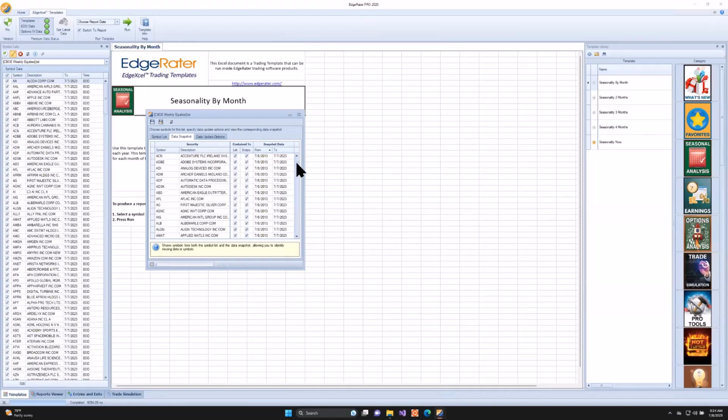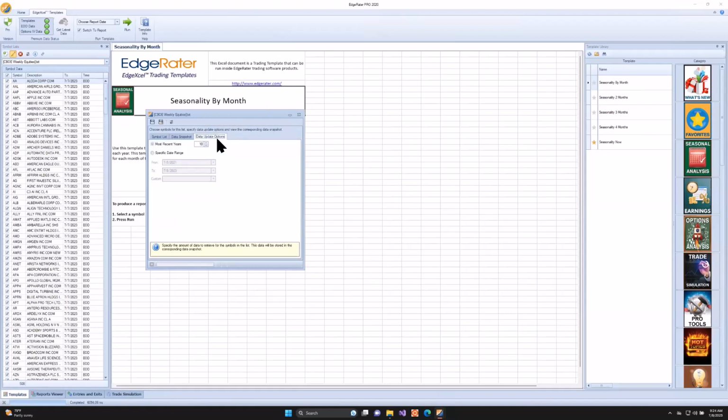Not every stock has 10 years of data, obviously, because some of these stocks are newer and weren't introduced until later. Whatever the earliest date is for that stock will be listed in here too. The other useful tab is the data update options, where it tells you how much data it's going to fetch for this list whenever you do a data update.